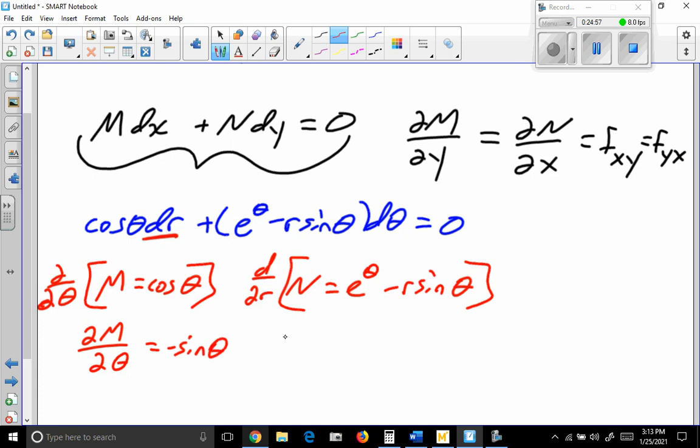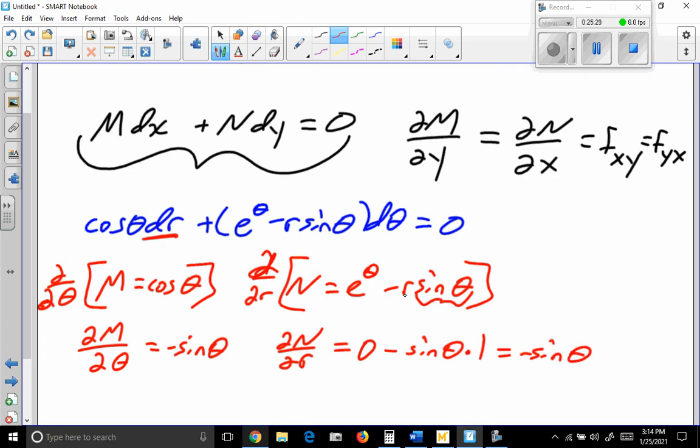We take this partial, that's the partial of N with respect to r. If r is our variable, then anything that's not r is treated as a constant. So the derivative of e to the theta is the derivative of a constant, which is 0. Our variable is r, so sine theta is considered a constant, so we leave it alone. The derivative of r is 1, so we get minus sine theta.